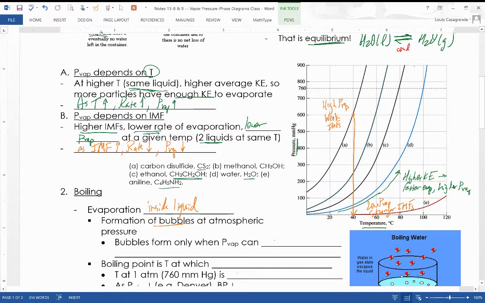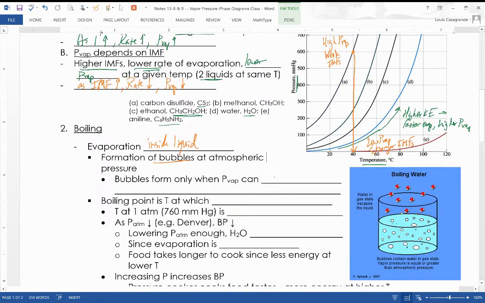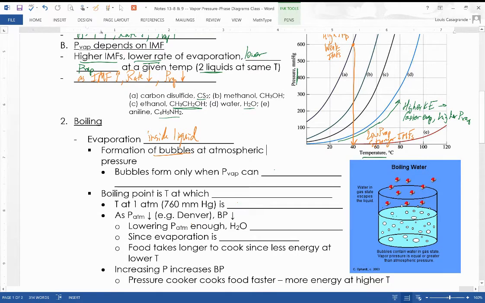But this formation of the bubbles is difficult, is problematic. It doesn't happen if the vapor pressure is too low. The bubbles that you see over here can form, and you've seen bubbles forming in boiling water. These aren't the bubbles that form initially. The bubbles that form initially, we'll talk about when we talk about solutions, where gases that are dissolved will come out of the solution.